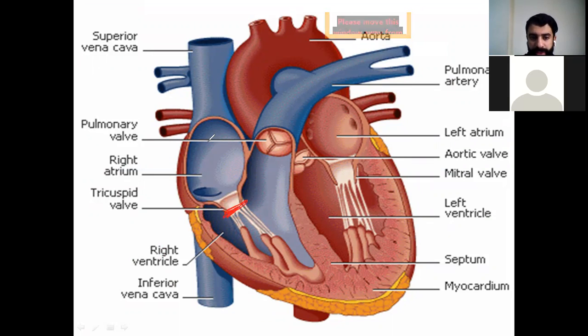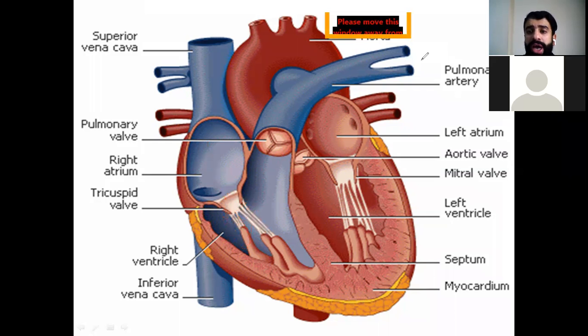For example, the blood moves from the right auricle to the right ventricle here, and it closes here to prevent the backflow. So the backflow is not accepted. There is no backflow of the blood. This is the role of the bicuspid and the tricuspid valves.